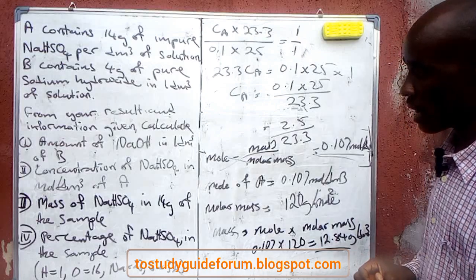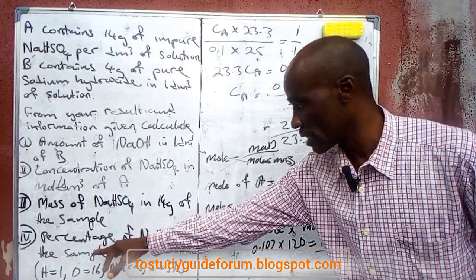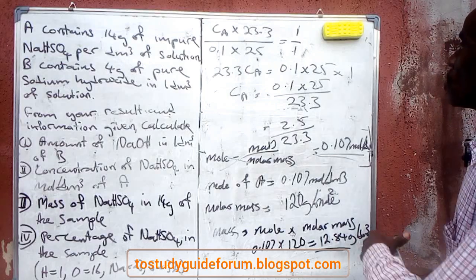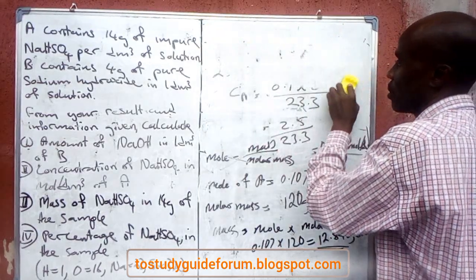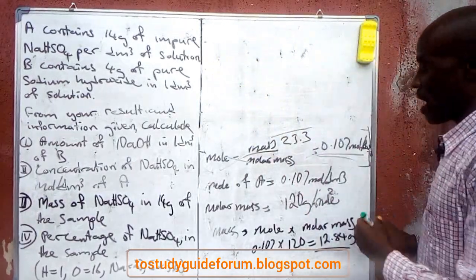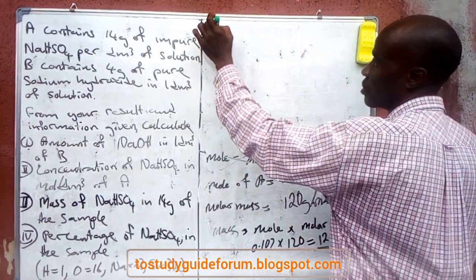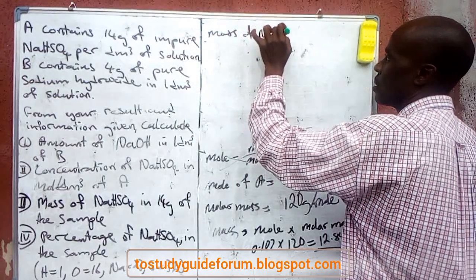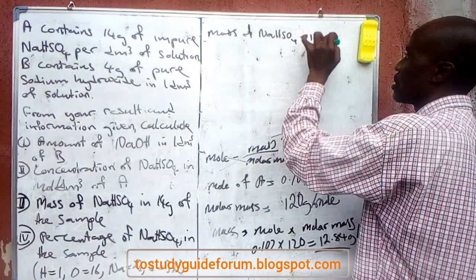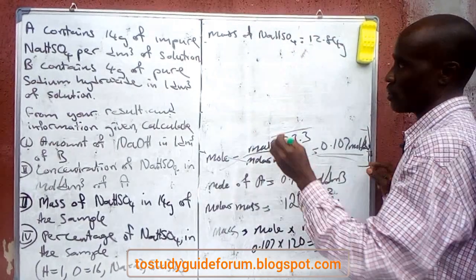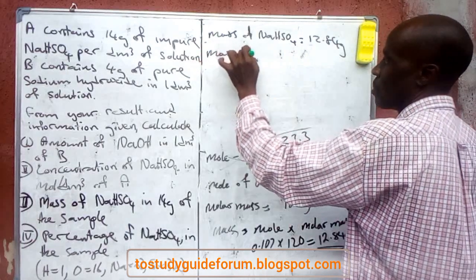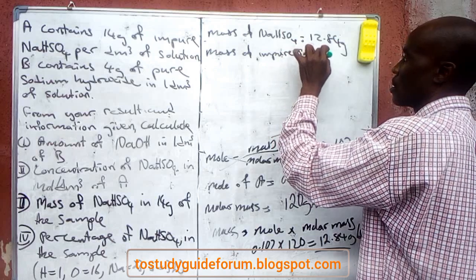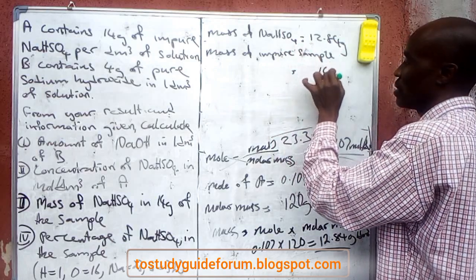So the next question said that since we have the mass of this, calculate the percentage of sodium hydrogen tetrasulfate 6 in the sample. So to get this done, remember we have the mass of the pure sodium hydrogen tetrasulfate 6 to be 12.84 grams, and the mass of the impure sample as given is 14 grams.